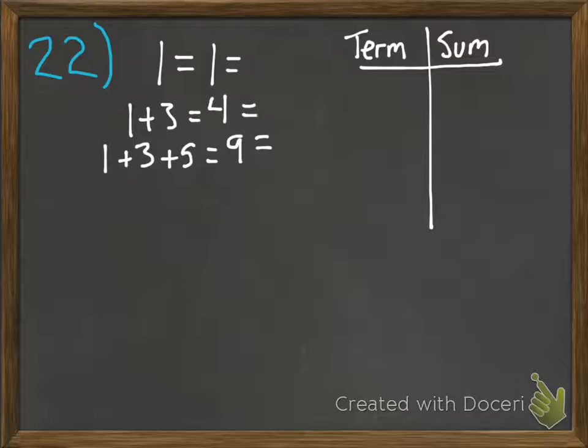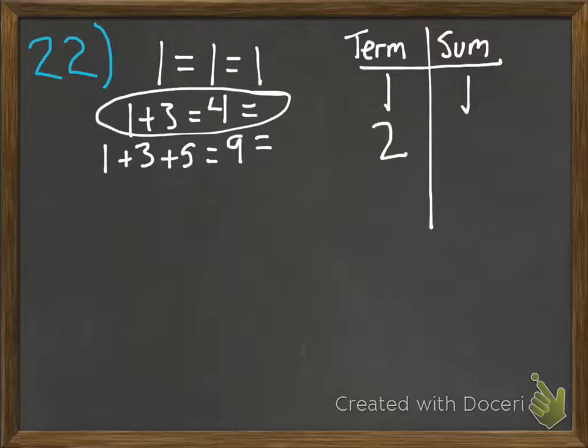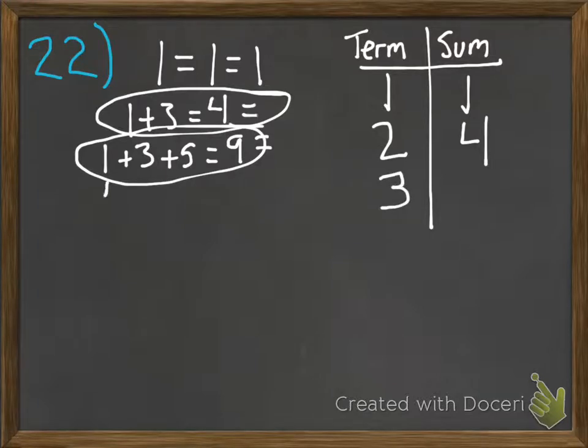So for the first term, the sum is 1. That answer is 1. For the second set, which would be this right here, you have 2 terms, and the sum is 4. For the third set, right here, you have 3 terms, so 1, 2, 3, and the sum is 9.